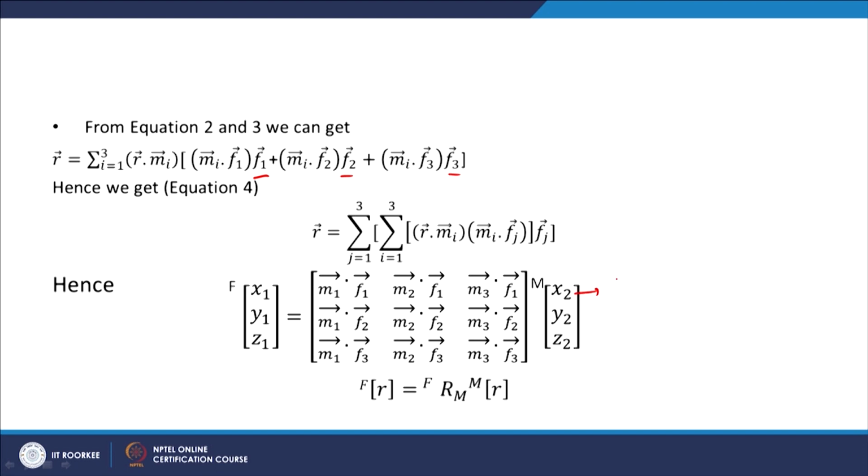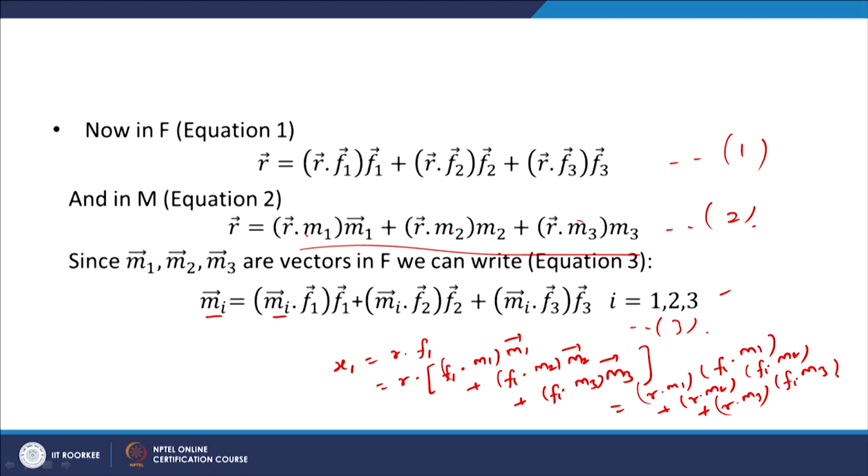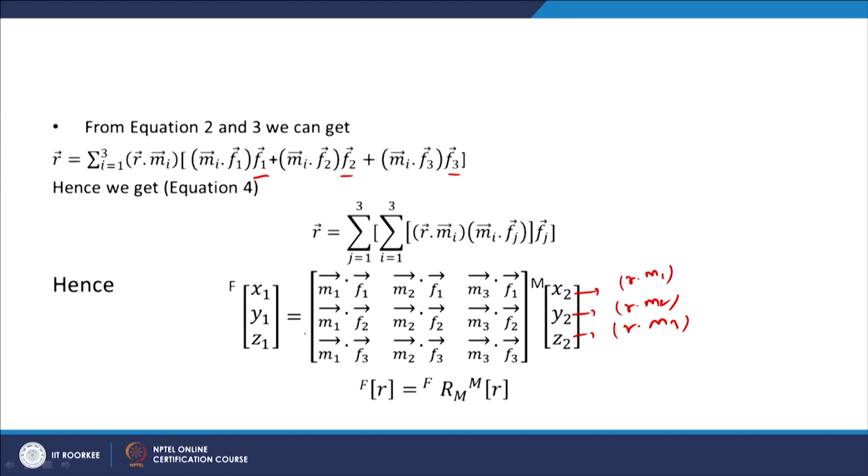We know that x2 is nothing but r dot m1, y2 is r dot m2, and this is r dot m3. So, what we get here is that the coordinates of the vector r with respect to the f frame and the coordinates of the same vector r with respect to the m frame are related by this expression.